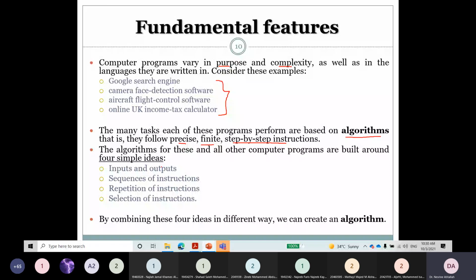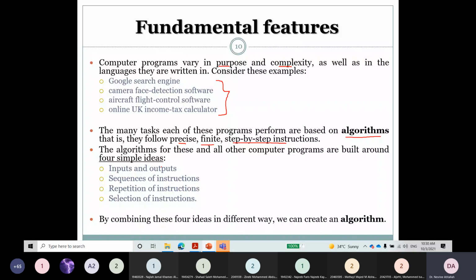You can have some programs without input, or without output, but you will use some input and output inside the calculation. There are also sequences of instructions, repetition of instructions, and selection of instructions. So you need to understand what the inputs are, what the outputs are, and what the sequence, repetition and selection of these instructions are.